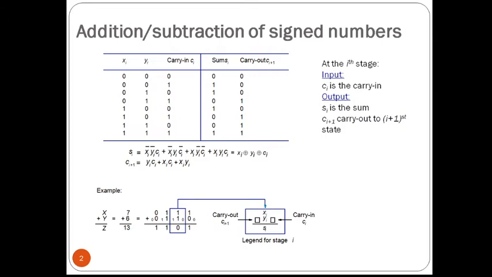This figure shows the logic truth table for the sum and carry out functions for adding equally weighted bits xi and yi in two numbers x and y. Let us go through the table.